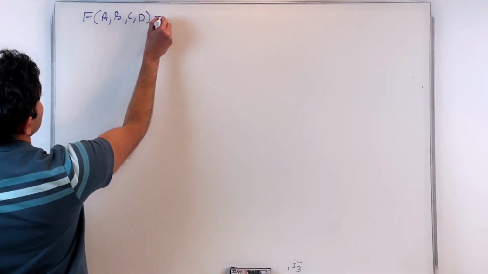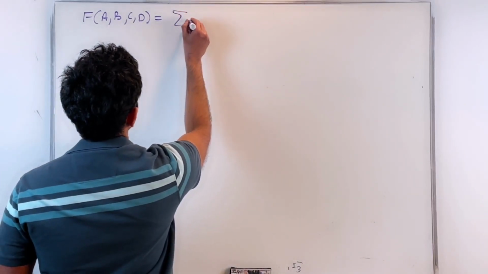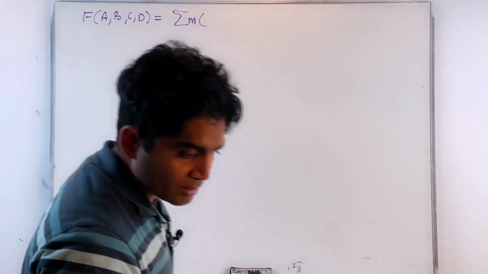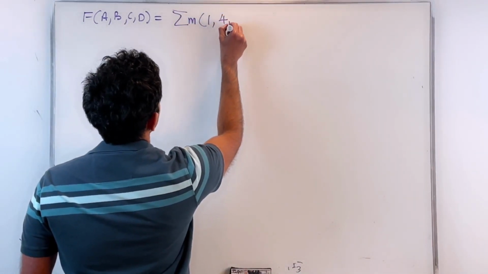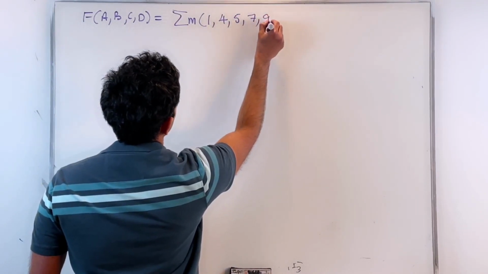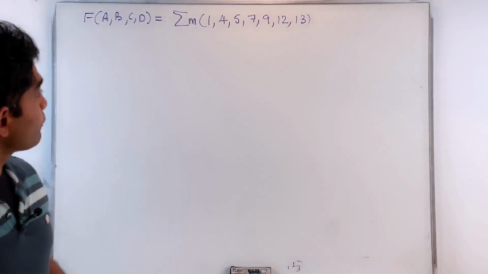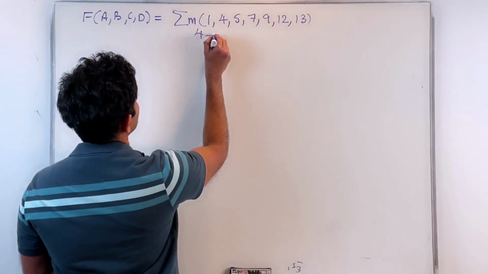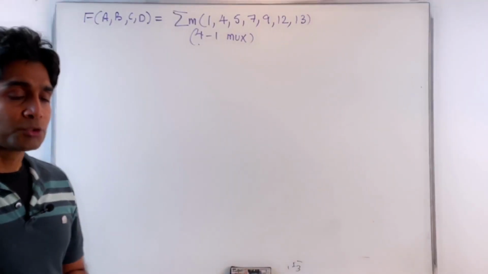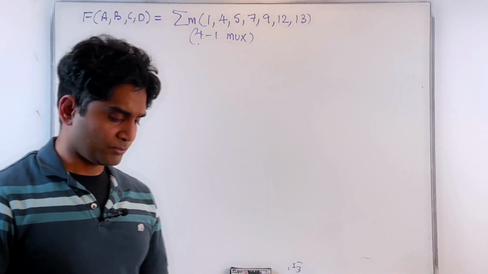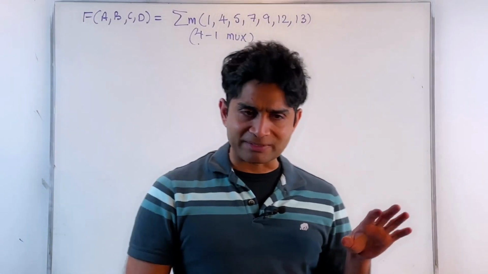You have 4 inputs, and the function is given as sigma m of 1, 4, 5, 7, 9, 12, 13. I want to implement that using a 4 to 1 multiplexer, and I want to do that using the K-map approach this time. Again, very similar in principle to what we have just seen.